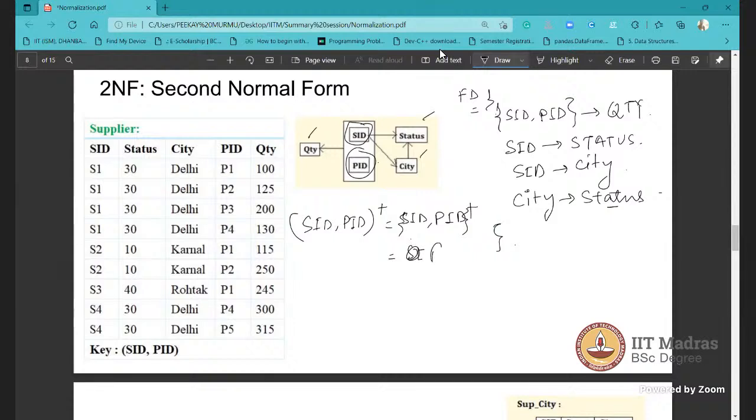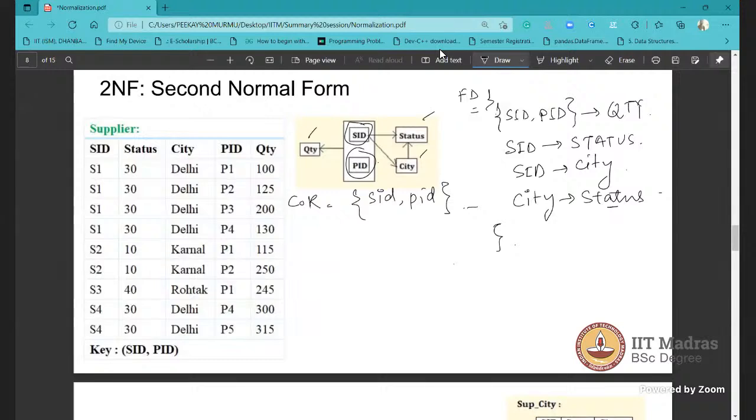You can find all the attributes from this. So these two together are the candidate key, right? So the candidate key is SID and PID, right?